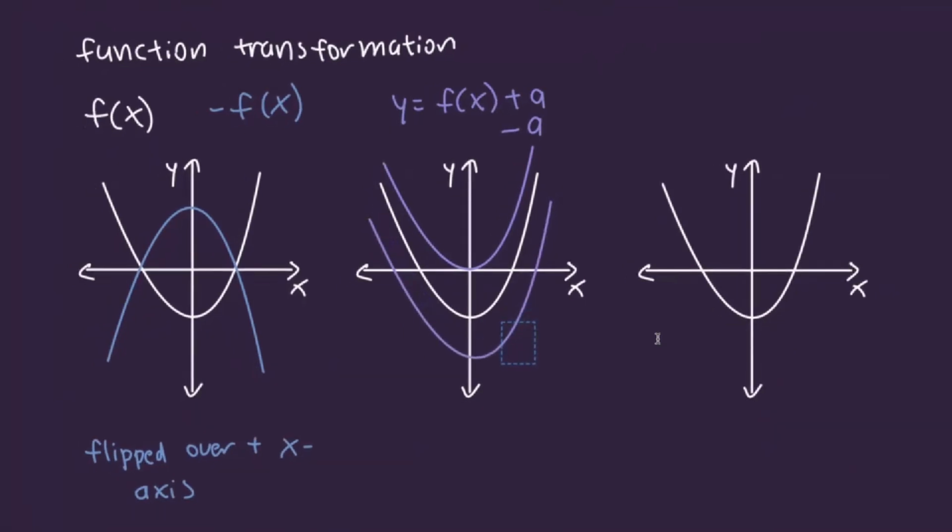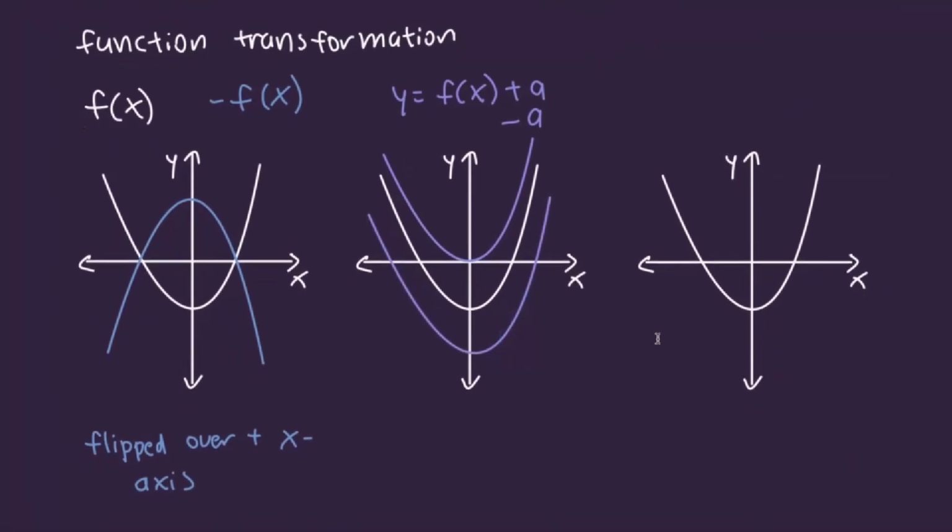Now, what if you are subtracting inside the parentheses or adding inside the parentheses? Now you're shifting either left or right. This is a little bit counterintuitive. When you subtract a from x, you're shifting the graph to the right side. And if you're adding, then you're shifting the graph to the left side.